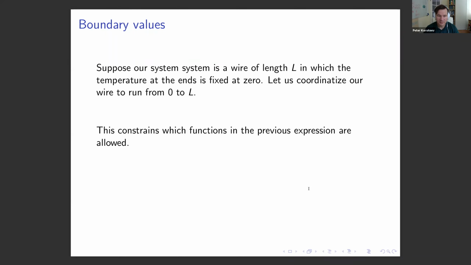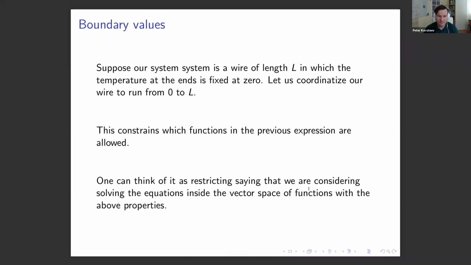In the presence of these boundary conditions, we can think of it as a restriction, saying that we are solving the equations inside the vector space of functions with these boundary conditions, so that the temperature vanishes at 0 and at L.